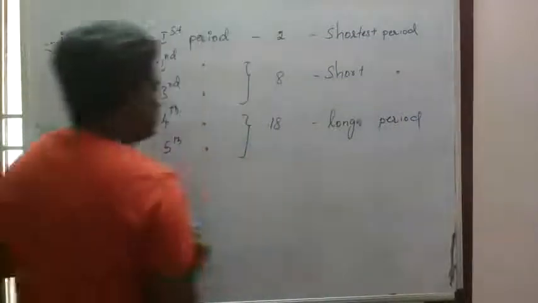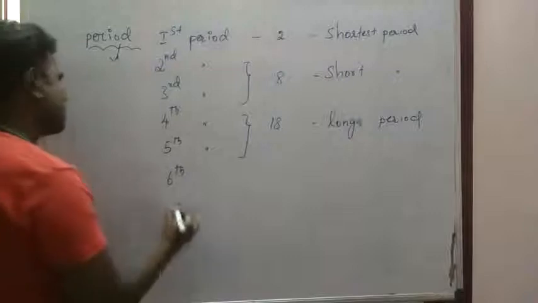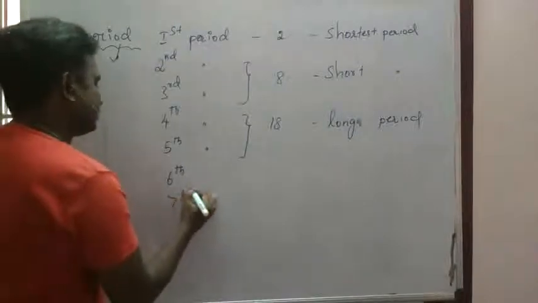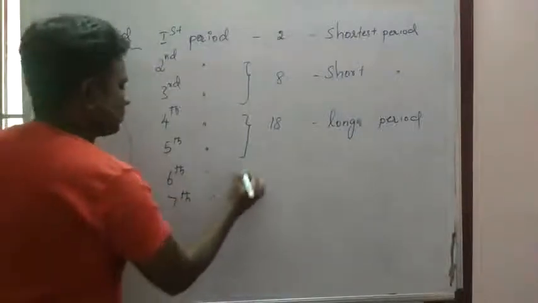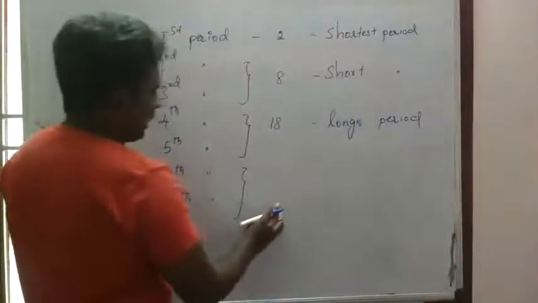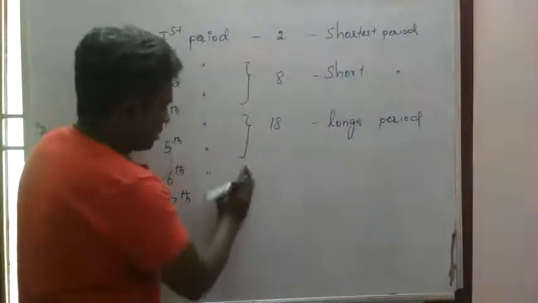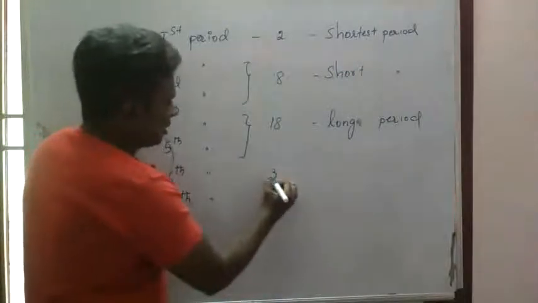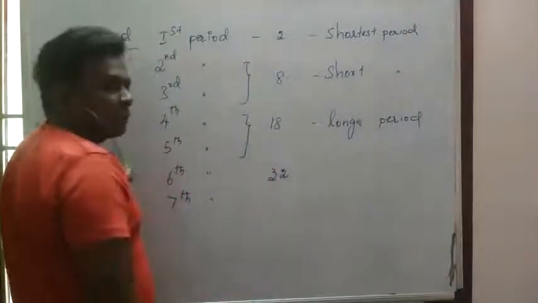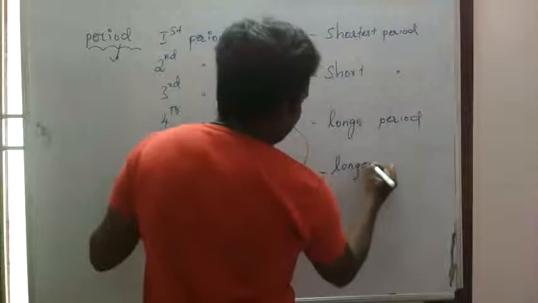Then when you come to the sixth and seventh periods, if you take the sixth period alone, it contains 32 elements, so it is called the longest period.